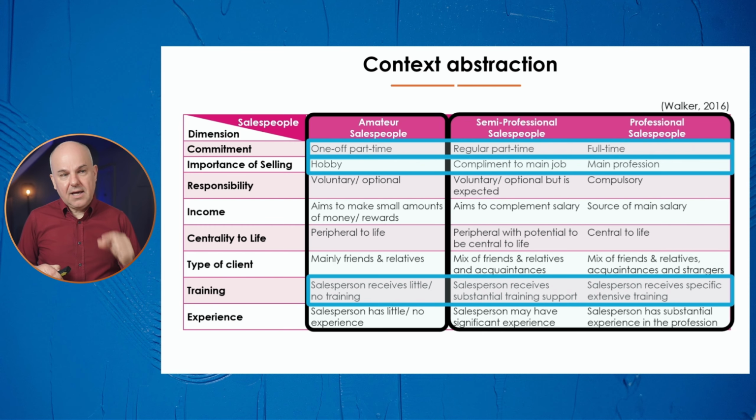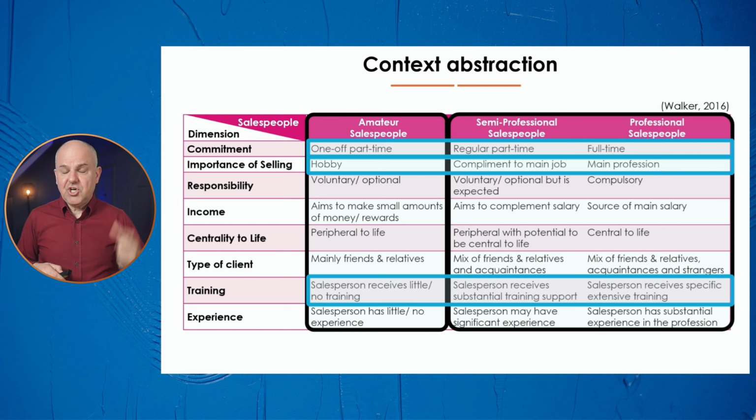And that allows us to do one thing: to demonstrate that the type of salespeople we are dealing with is different from the other types that research has focused on. You can see in blue the differences, the dimensions where more clear differences between amateur salespeople and the other two types can be seen.